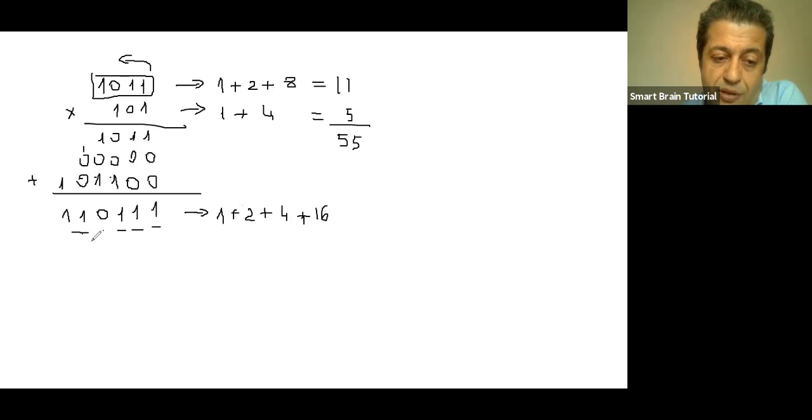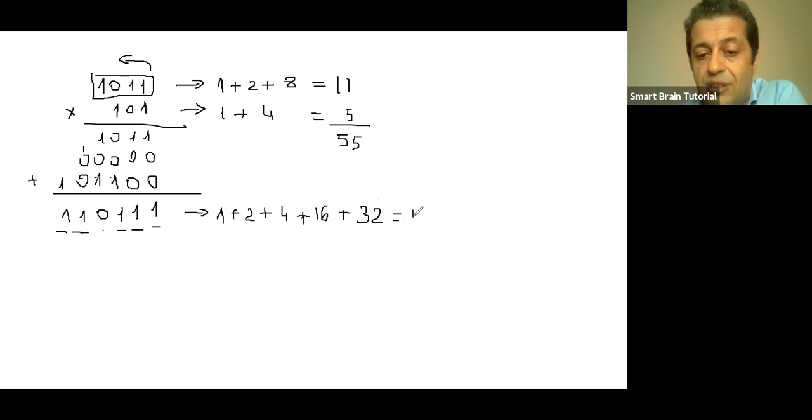This was the place value of 16s, and this is the place value of 32s. So we have plus 32. Let's see the result. 1 plus 2, it is 3. Plus 4, it is 7. Plus 16, it is 23. Plus 32, it is 55.